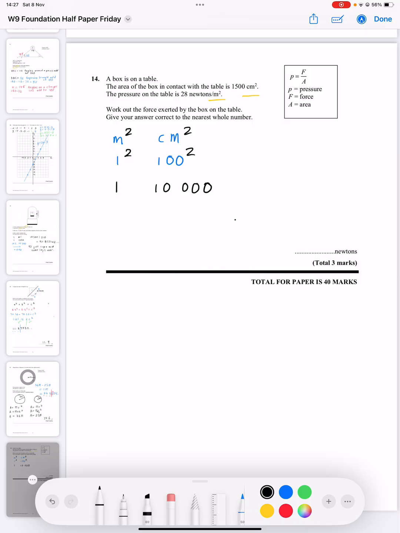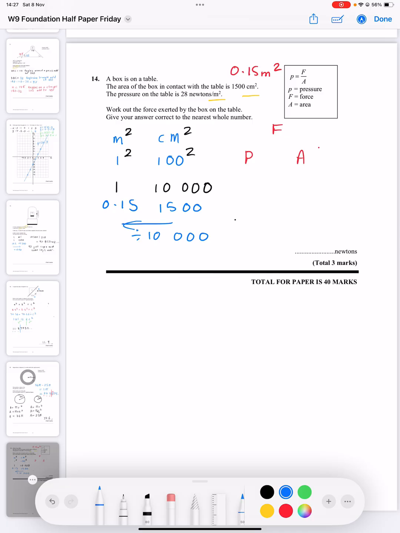So I'm going to divide 1,500 by 10,000 to get the area in terms of metres squared, which gives me 0.15. And now we've converted that area into metres squared, we can calculate the force. Write down what we've been given. Pressure equals force divided by area. We can use that to substitute our values in.